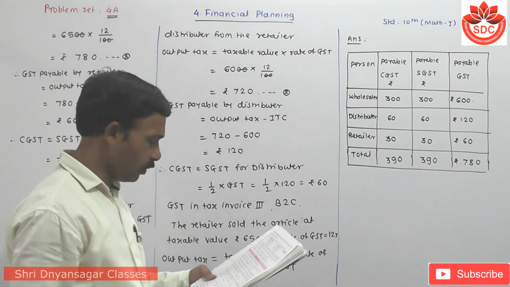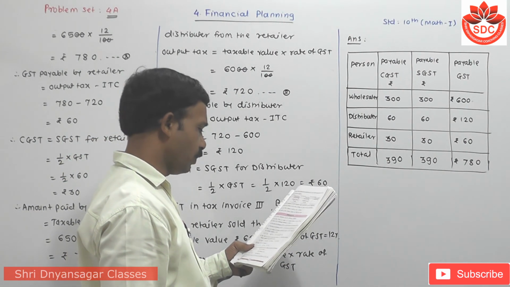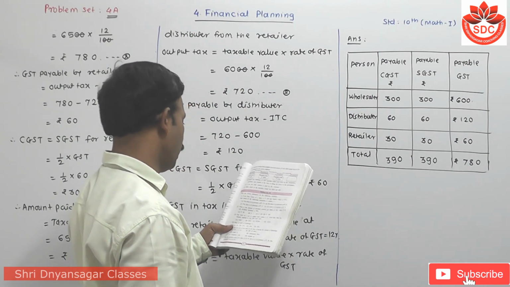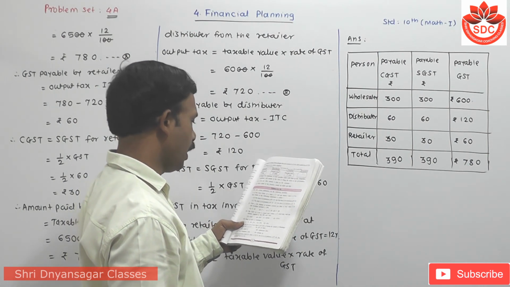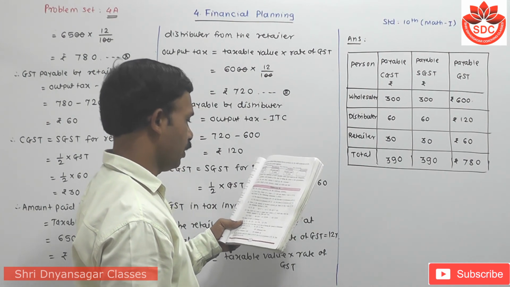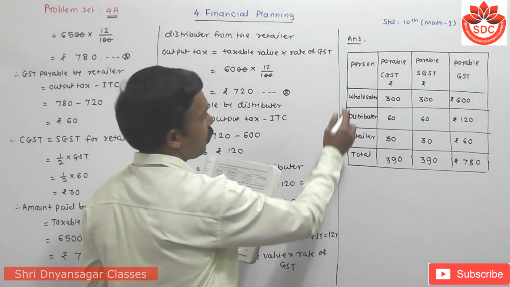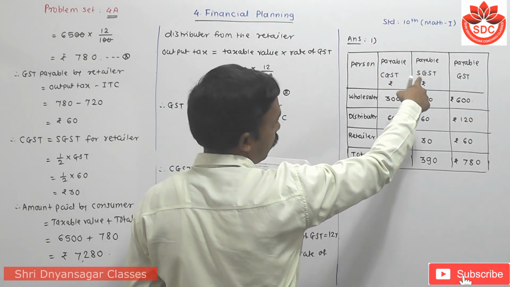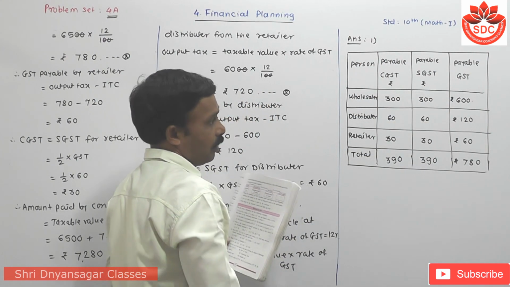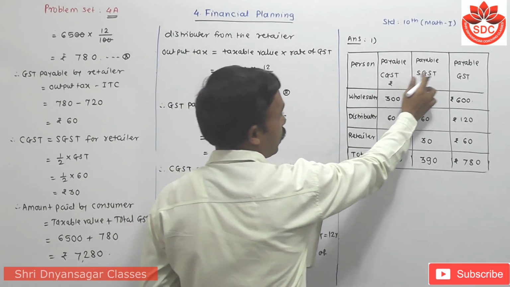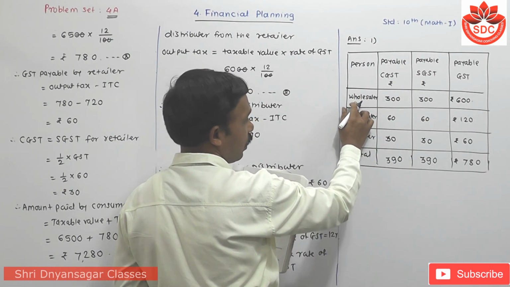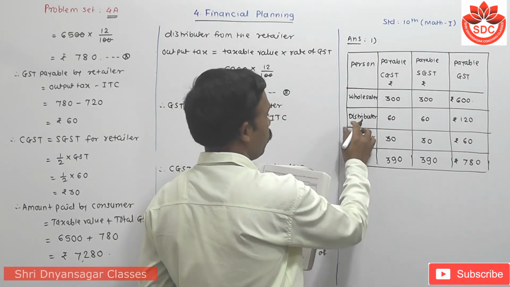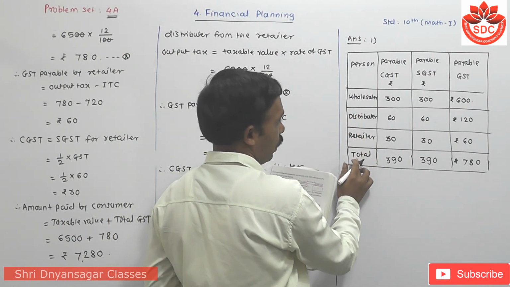So the answer in full sentence: prepare a statement of GST payable under each head by the wholesaler, distributor and retailer at the time of filing the return to the government. First I have to prepare this table: person, payable GST, CGST, SGST and total payable GST. First is the wholesaler, which we also take as the manufacturer, then distributor, retailer and total.